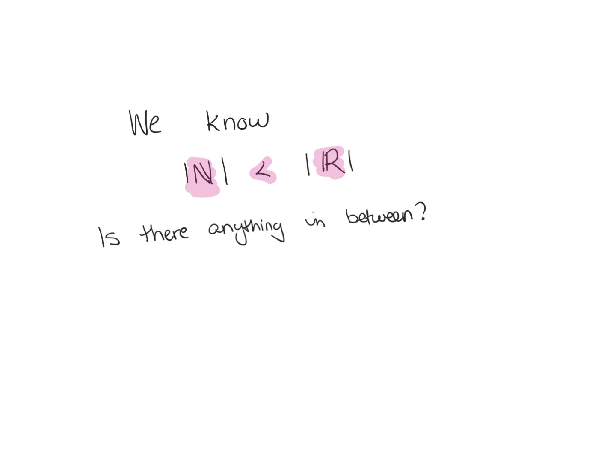So in particular, is there some set A with the cardinality of N strictly less than the cardinality of A, strictly less than the cardinality of R? So is there some set A whose cardinality is strictly between those other two cardinalities?